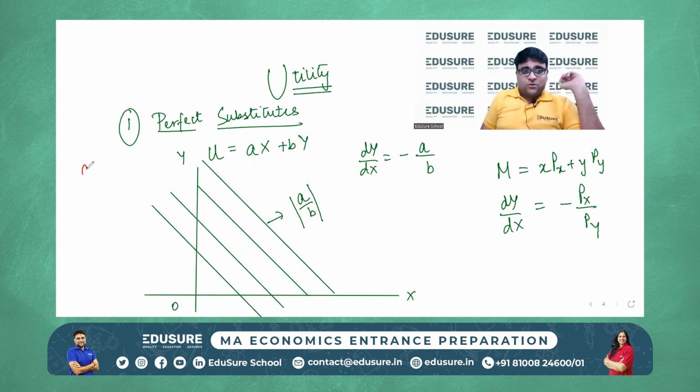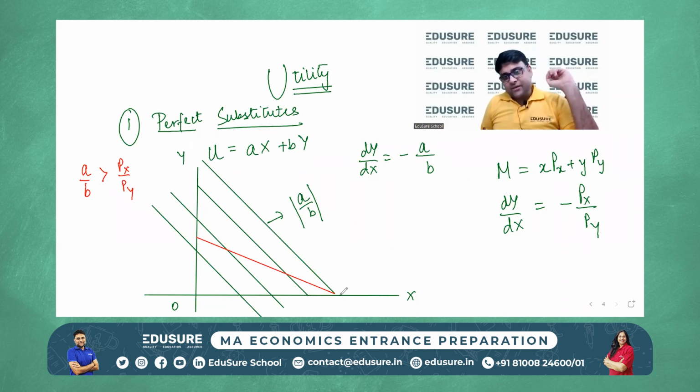Now take absolute value a by b greater than px by py, that is, I have a flatter budget line, where px by py is lower than a by b. Given this flat budget line, the highest indifference curve possible is at the x-intercept.